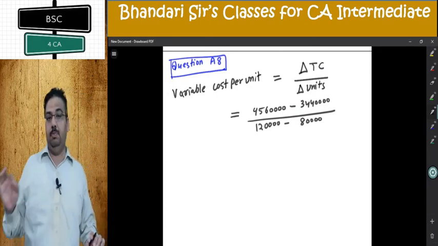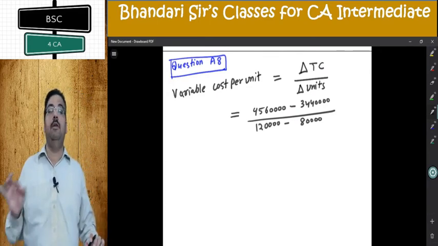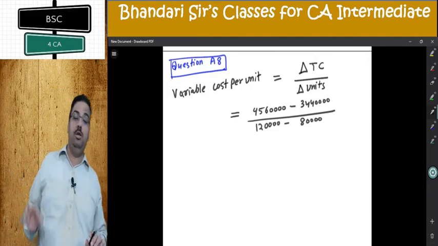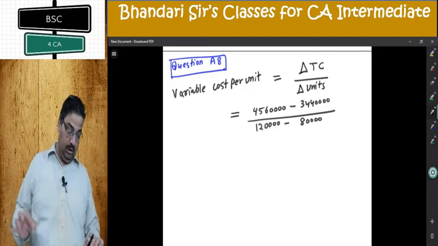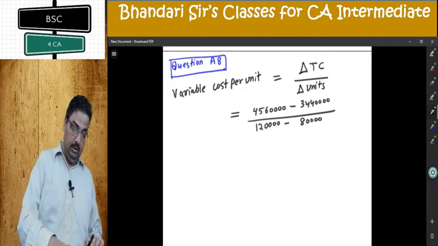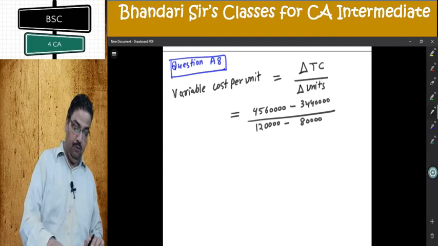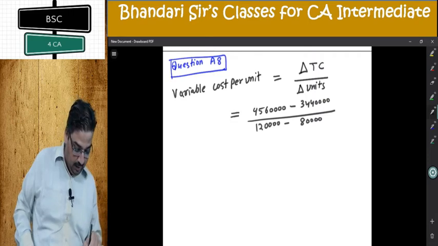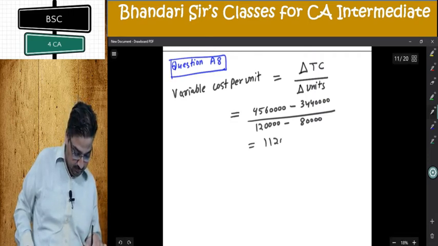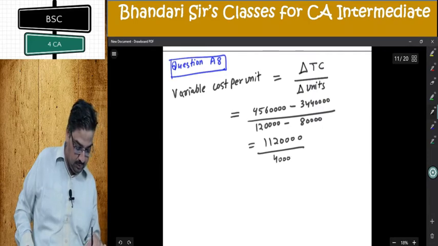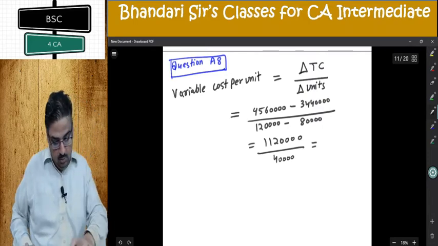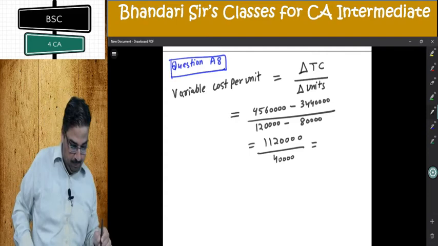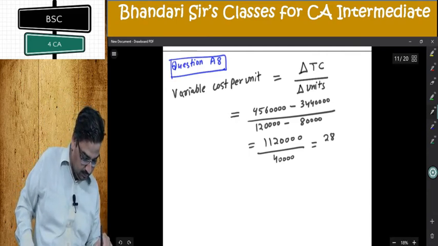So variable cost per unit is computed as difference in total cost divided by difference in units, which is 45,60,000 minus 34,40,000. The difference comes out to 11,20,000 divided by 40,000 units. So once I divide, I am getting per unit cost of 28.